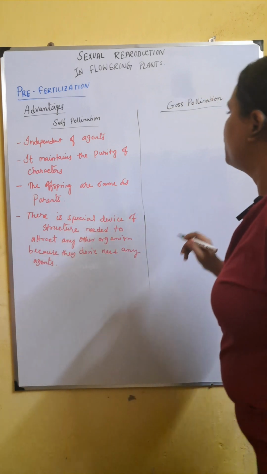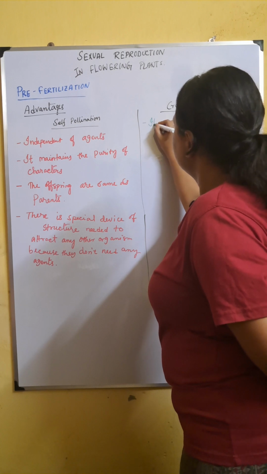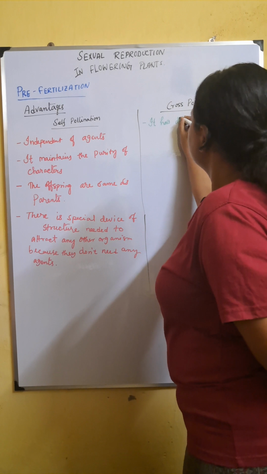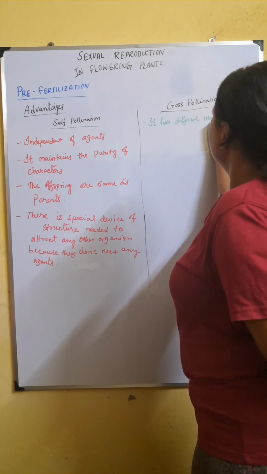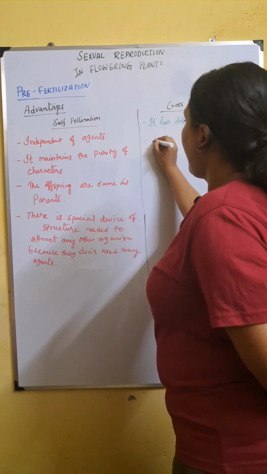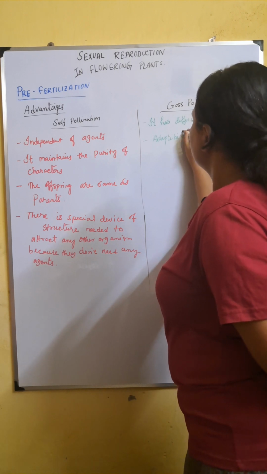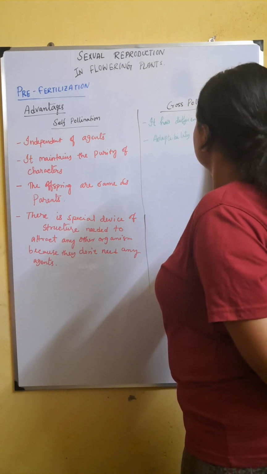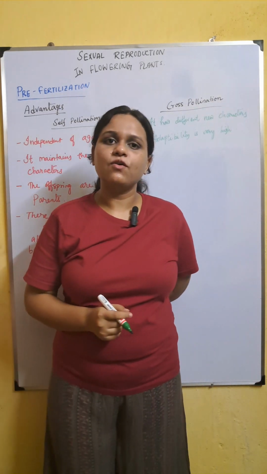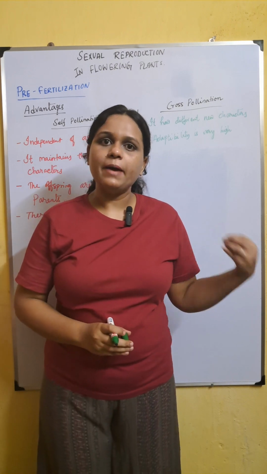In case of cross-pollination, it has different, new characters, and adaptability is very high. For example, if the cross occurs between two plants of the same species but their habitat is different.